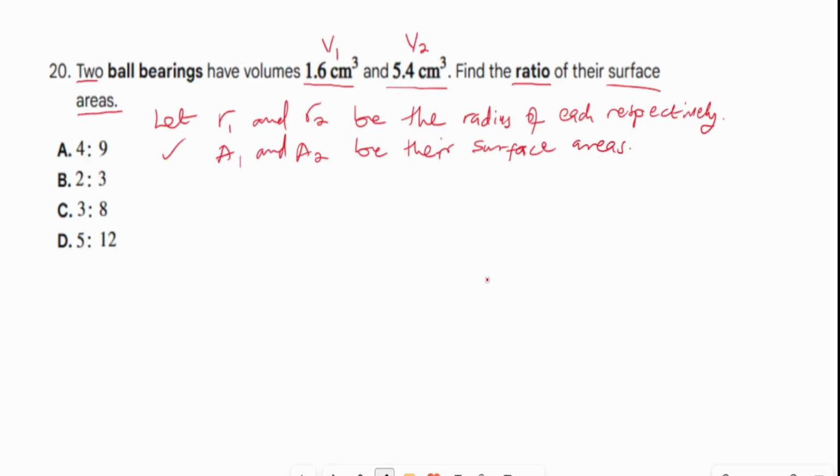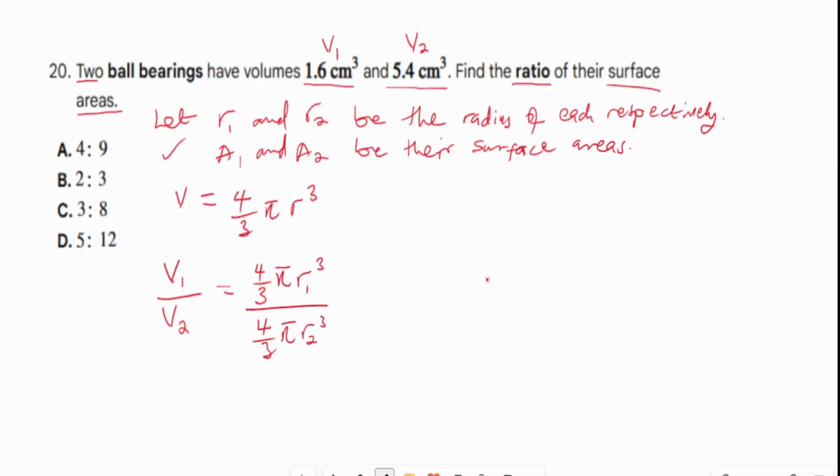Now let's start by quoting the volume of a sphere. So volume of a sphere using V equals 4/3 pi R cubed. And back to the question. The question said the ratio of their volume. So V1/V2 is going to be 4/3 pi R1 cube over 4/3 pi R2 cube.